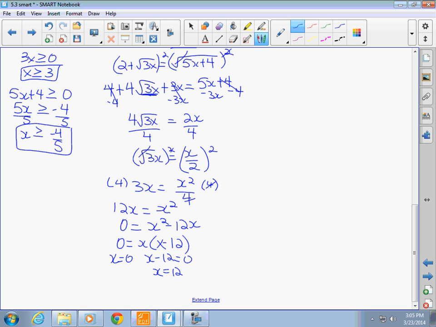If I take a look at that in my restrictions, 0 and 12 are both greater than or equal to negative 4/5, so it works there.